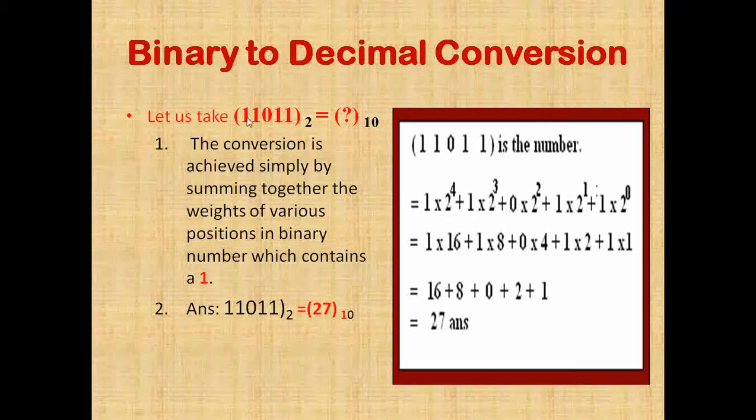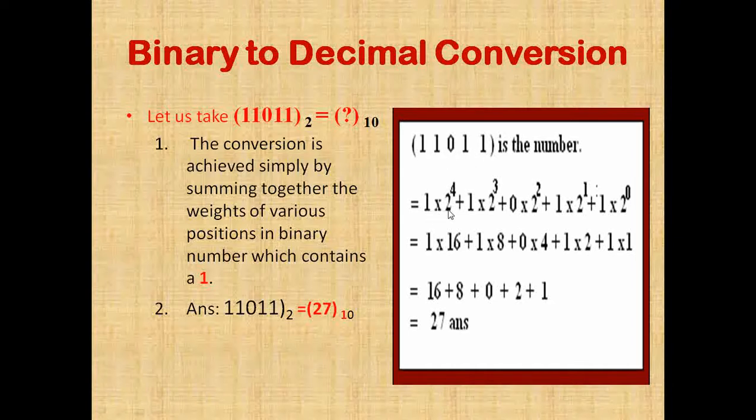This time we are given this binary number and we are supposed to convert it into decimal, so it is the reverse of the earlier problem. For this, what we do, this is the number that we are supposed to convert from binary to decimal. How many digits are there? 1 2 3 4 5.